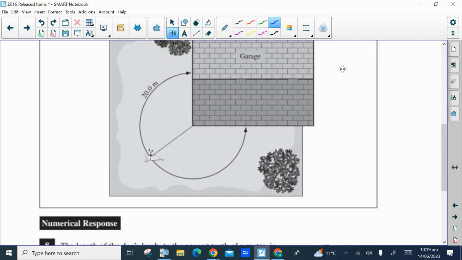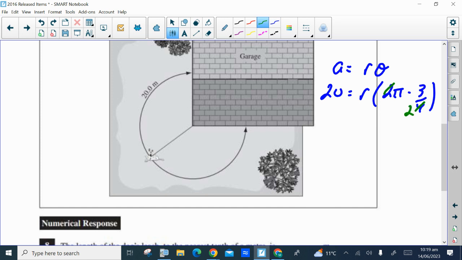So when we use our formula, a equals r theta, the arc length is 20. We want to find out what the radius is, and theta again is 2 pi times 3/4. We can simplify a little bit because you can divide top and bottom by 2.